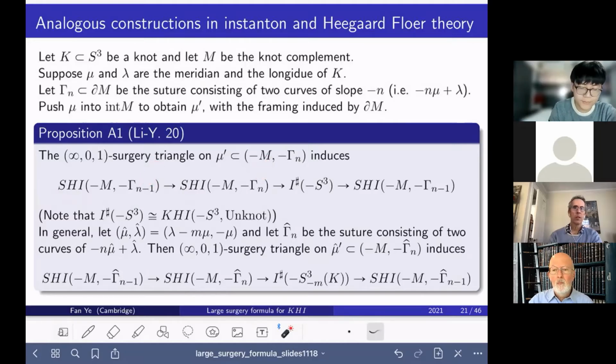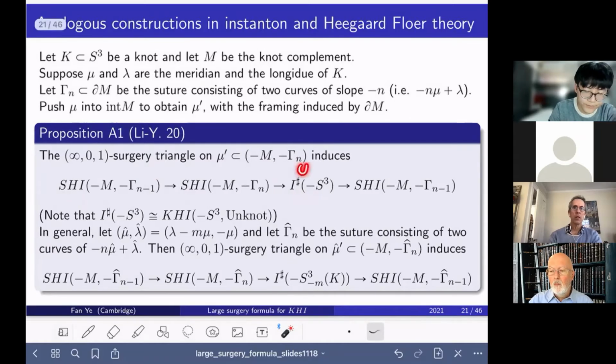And the third space is I-sharp of the ambient 3-manifold S^3. This is because when we take the zero surgery on the curve mu prime, we will get KHI of the unknot, and so this is isomorphic to I-sharp of the ambient 3-manifold. And this is how we relate the SHI with the I-sharp.